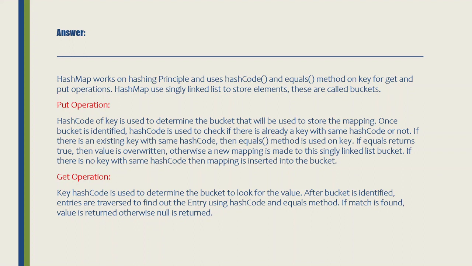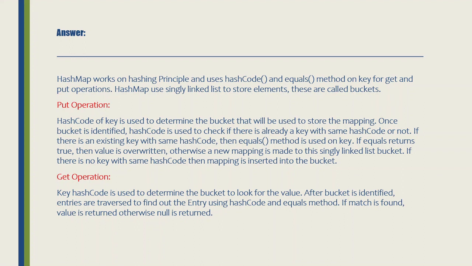If we talk about the hashmap, the high level answer is that hashmap works on the hashing principle, and it uses hashcode and equals methods on the key for get and put operations. Now, if you want, I can prepare a completely different video covering full hashmap working, where I will explain in detail using the IDE how hashmap works, how put operations work, and how get operations work.